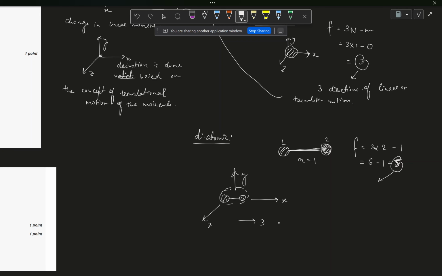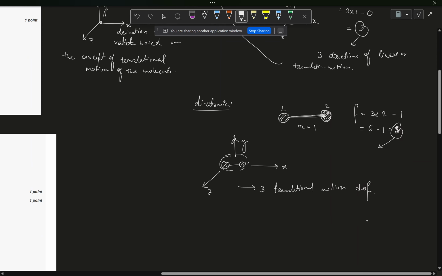These form 3 translational degrees of freedom. But there are still 2 left out of the 5. So these are 2 extra rotational degrees of freedom.